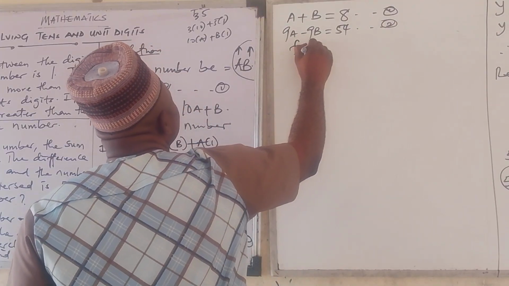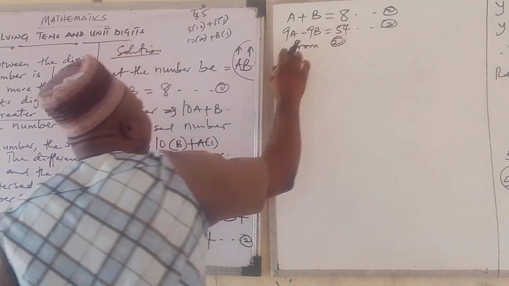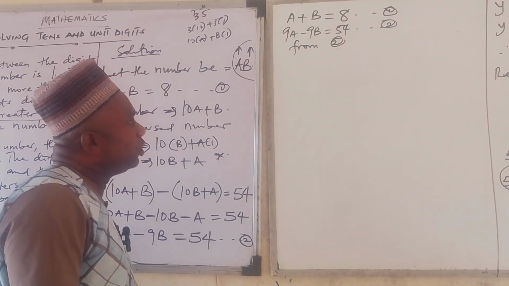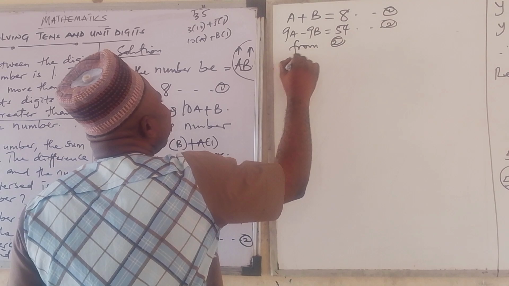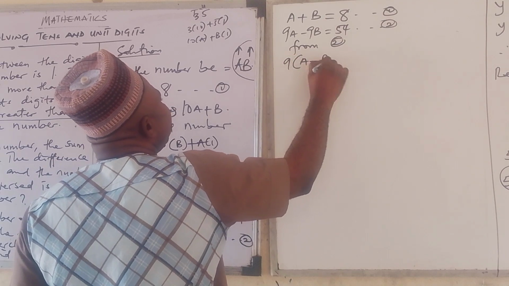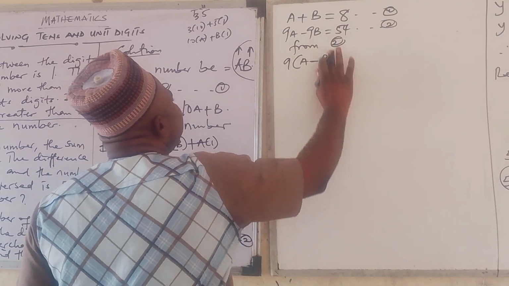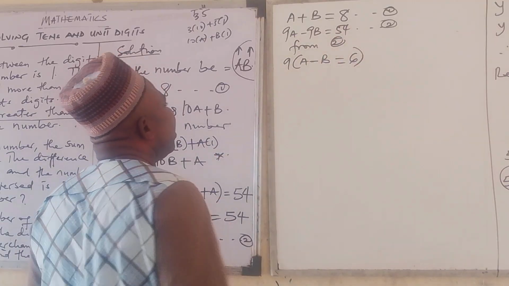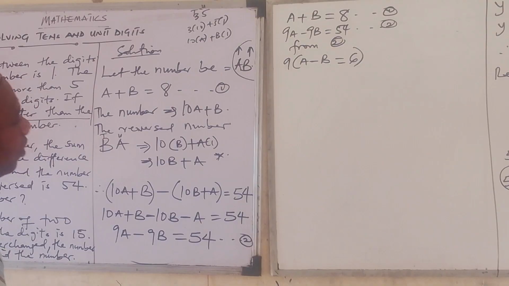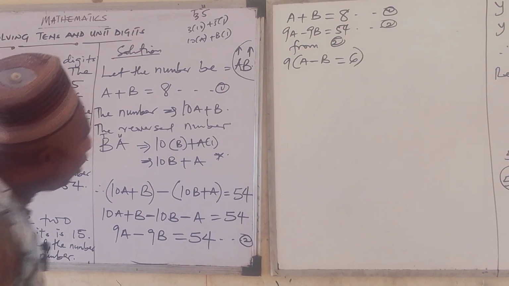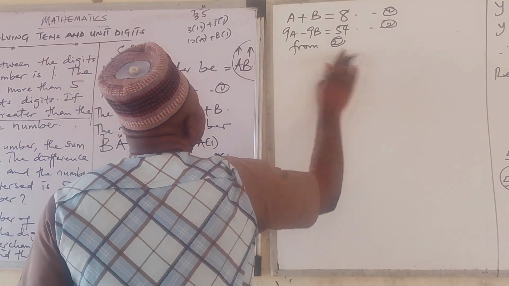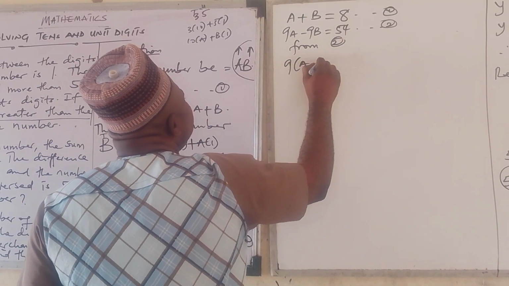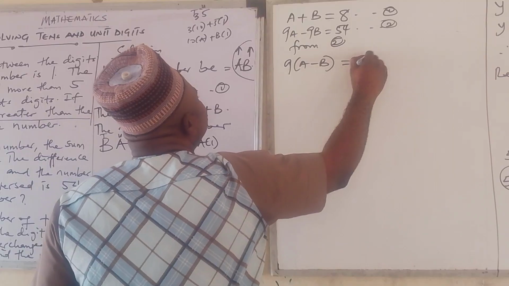From equation 2, we can factor out 9 because 9 is common. So here we have 9 in bracket A minus B, and 9 will go into 54 6 times, because 9 times 6 is 54.